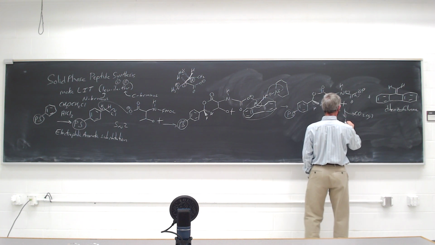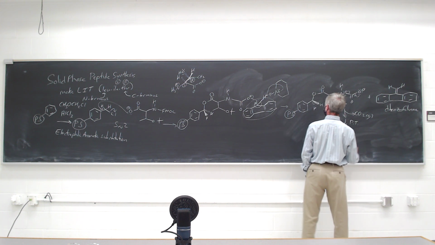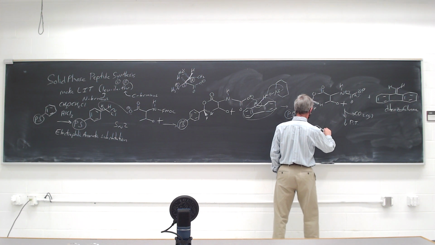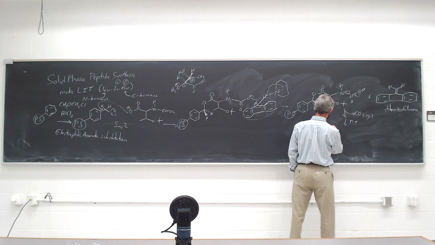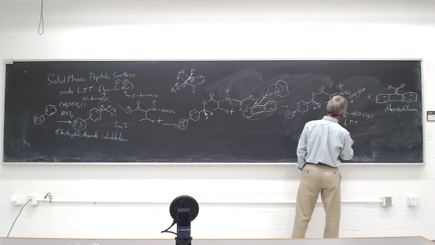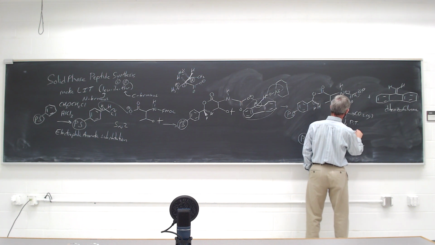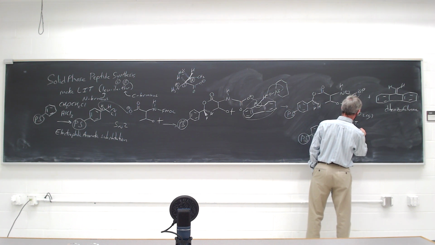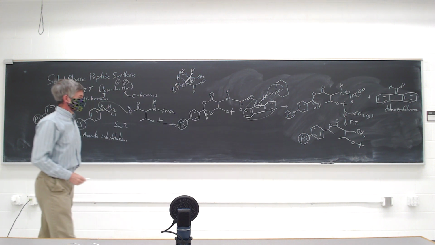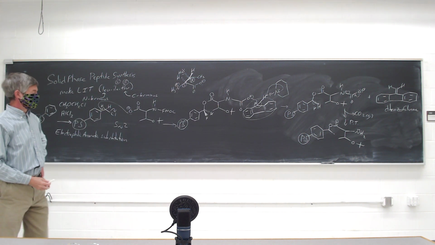And after a proton transfer, we're going to end up with our free amine. Make sure that hydrogen doesn't look like it's attached to the methyl group. So we have our first amino acid linked to our polystyrene.